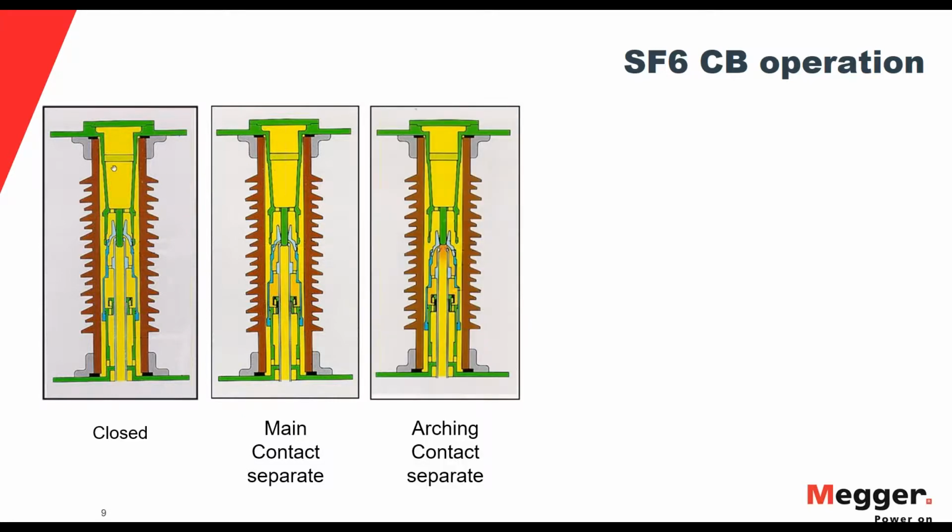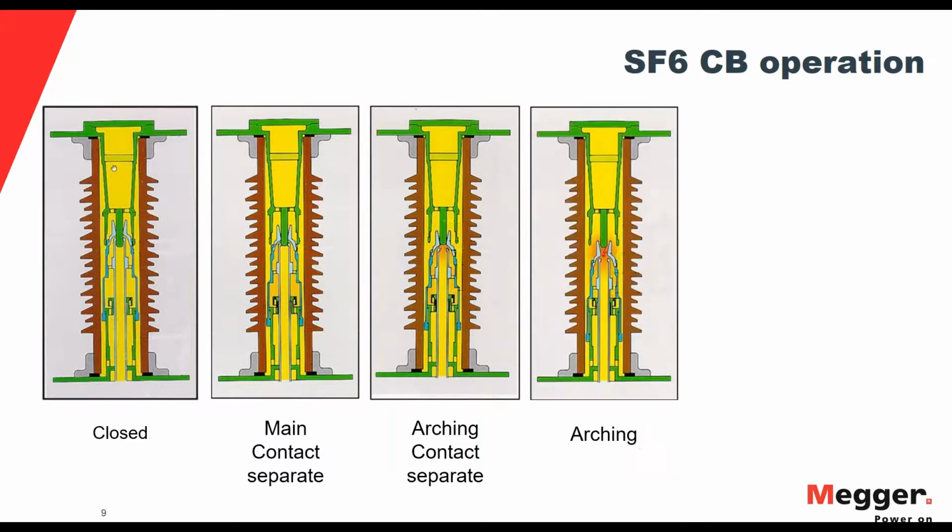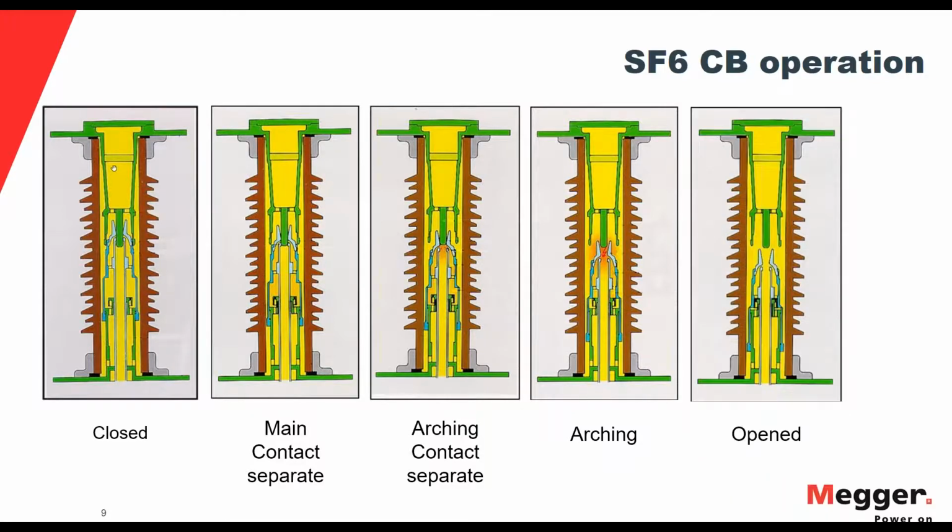Then my arcing contact starts to separate, thus creating an arc. And this arc will be extinguished by the SF6 gas. Usually there will be pressure building here, extinguishing the arc and cooling the two contacts, the one moving and the one fixed. And then the breaker will be in the open position.